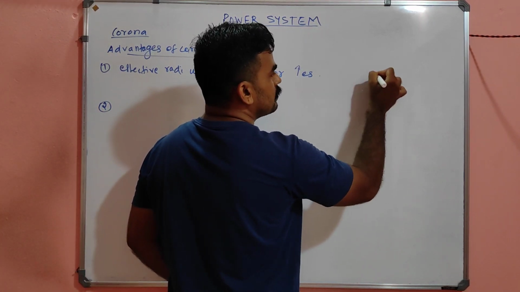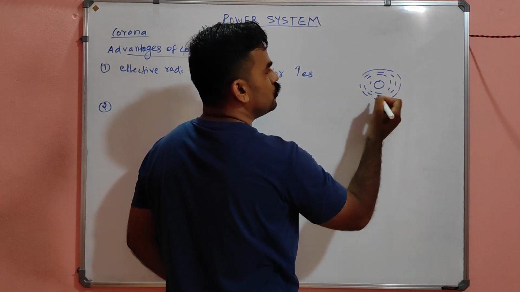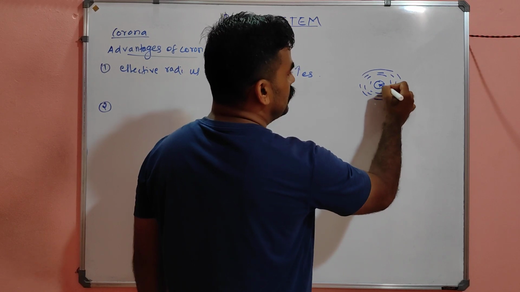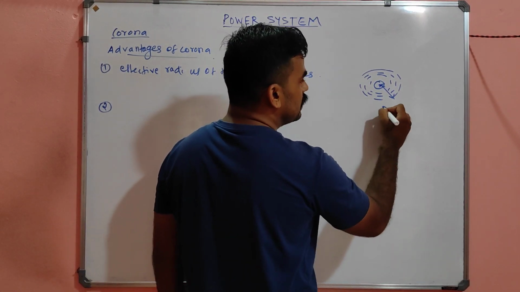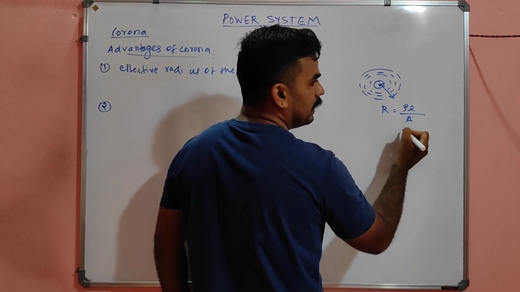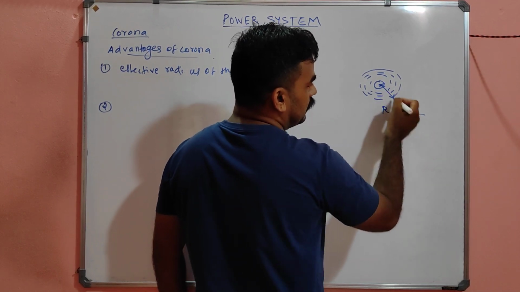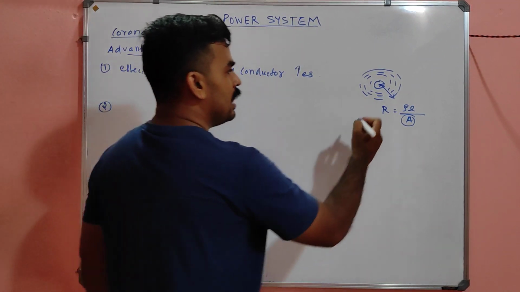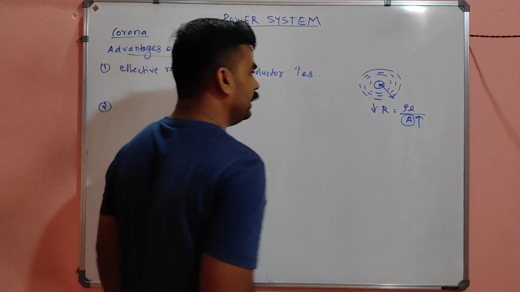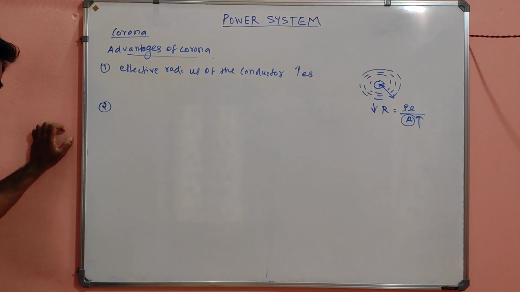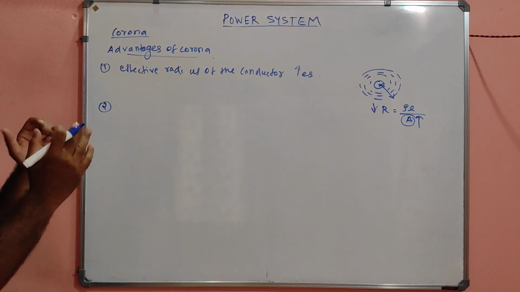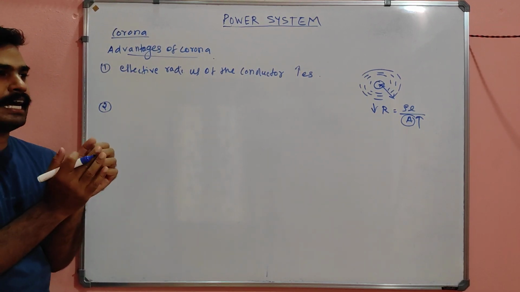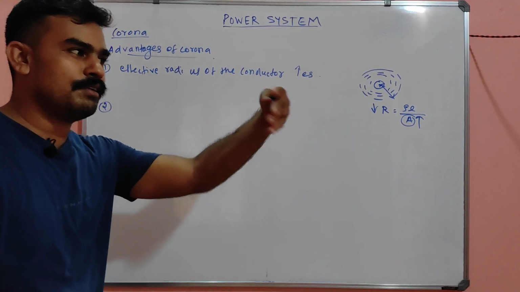If there is corona, a globe will be there around it, so the effective radius will be increased. Since R is equal to rho L by A, if the radius increases, the area of cross section also increases, so R will become lesser. So the resistance will be decreased, and power can flow easily.